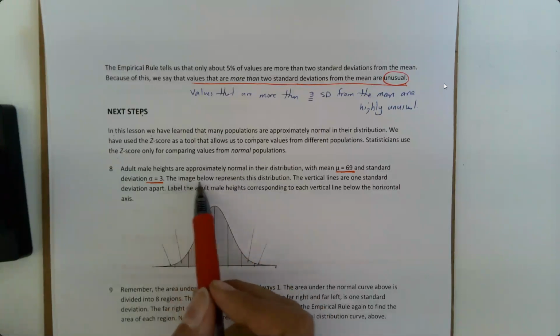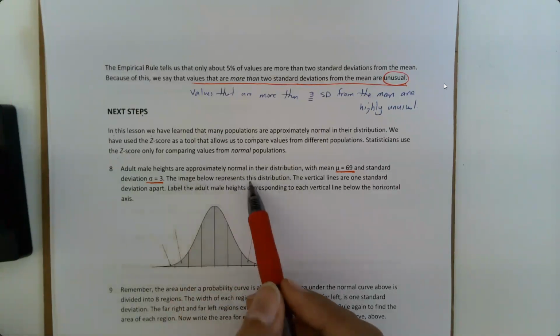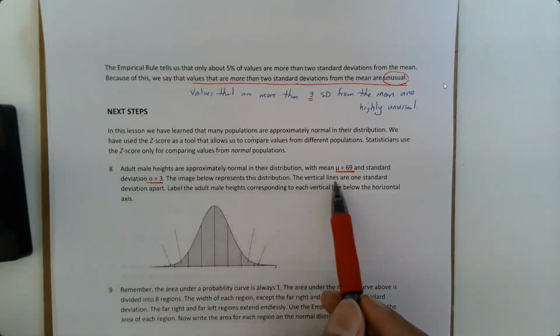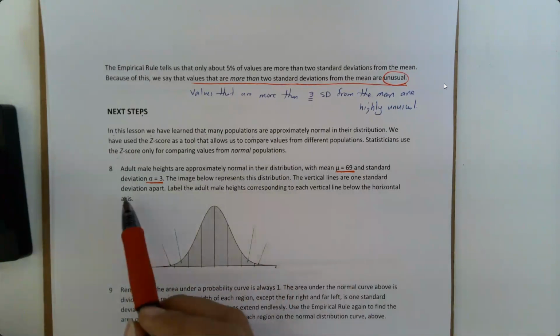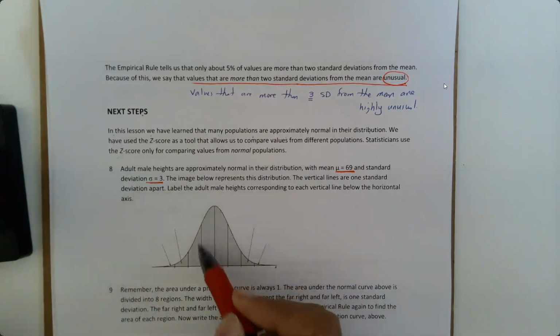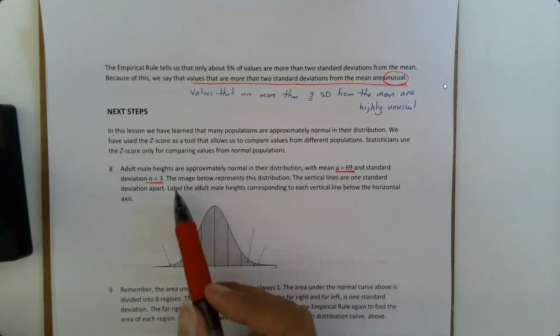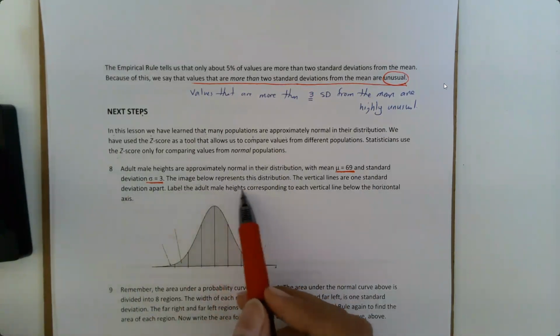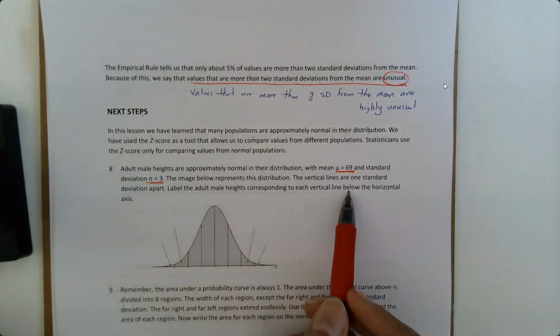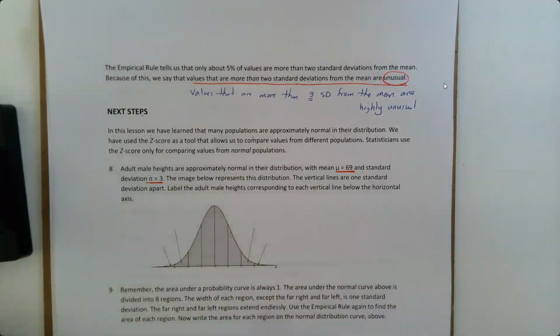The image below represents this distribution. The vertical lines are 1 standard deviation apart. Label the adult male heights corresponding to each vertical line below the horizontal axis.